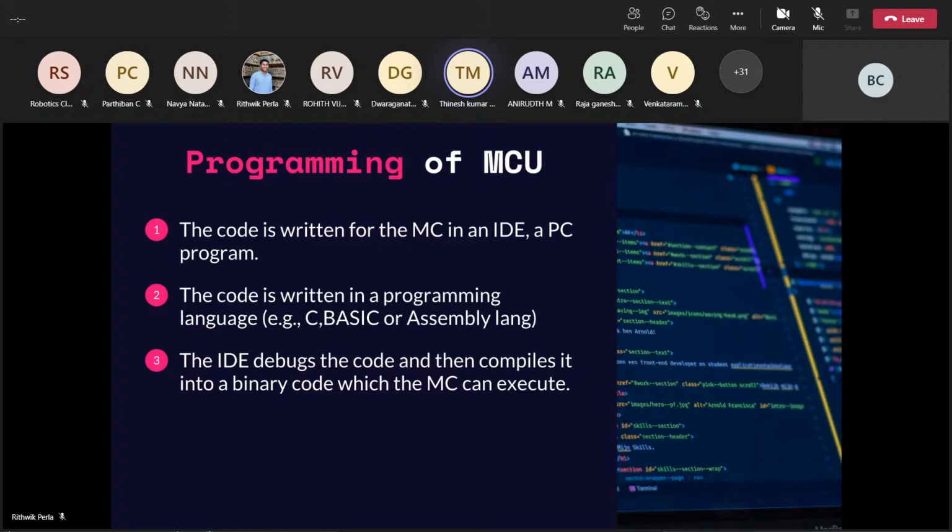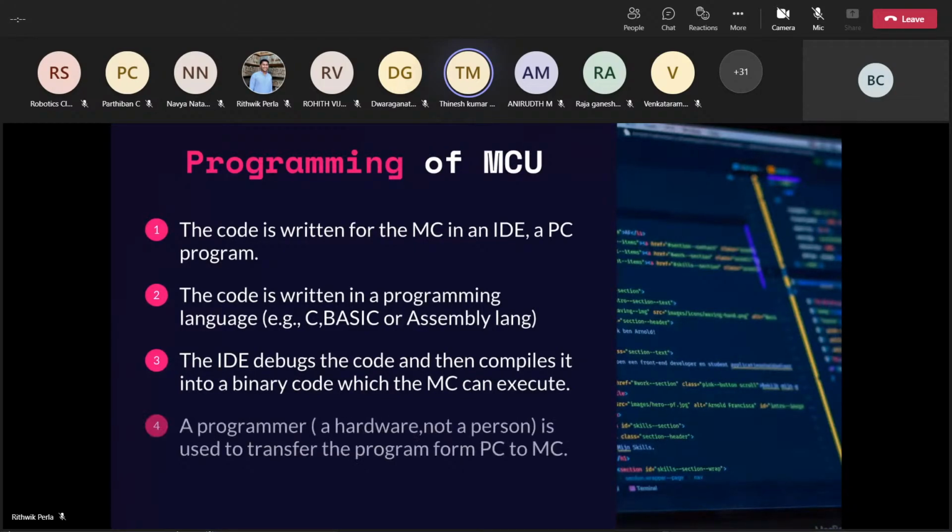And the compilation process compiles the code into binary code, which can be understood by the microcontroller, because microcontrollers cannot understand human language. So it has to be in the form of binary code, that is zeros and ones. I hope you understood it. First we write the program, then it debugs, then it compiles into binary code, which the microcontroller can execute.